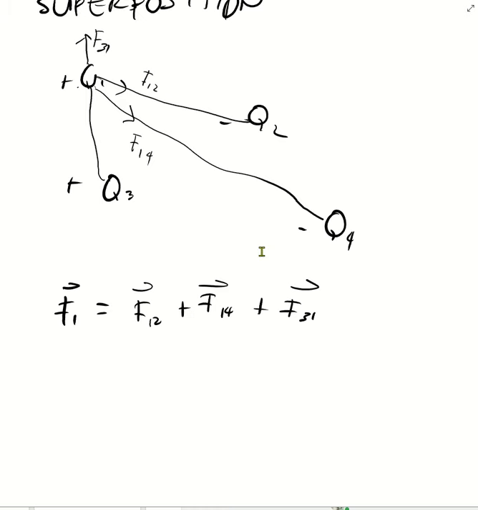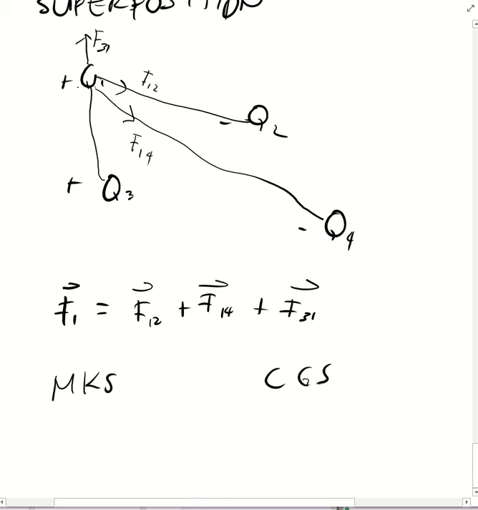But before we do an example in superposition, there are two types of unit systems that we use in electromagnetics, under SI, the International System of Units. We have the MKS system, and we have the CGS system.